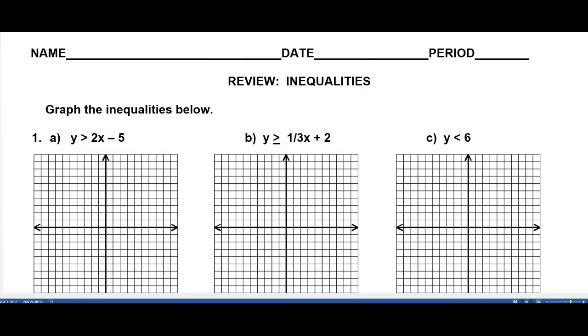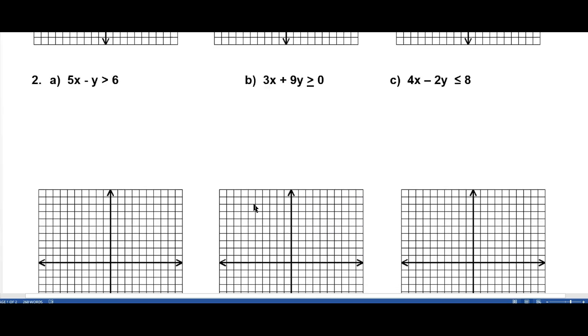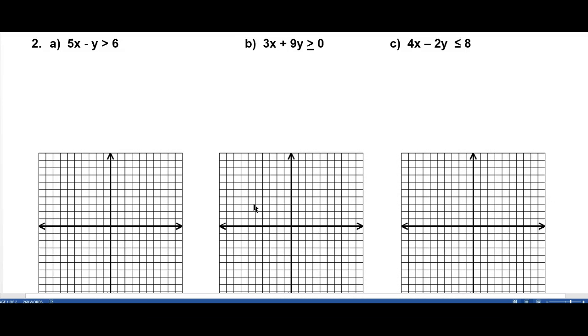A, B, and C. We have equations that are in standard form, so we do have to do some solving here. We need these to be in y equals mx plus b form. So minus 5x to both sides. That is a negative y is greater than negative 5x plus 6.